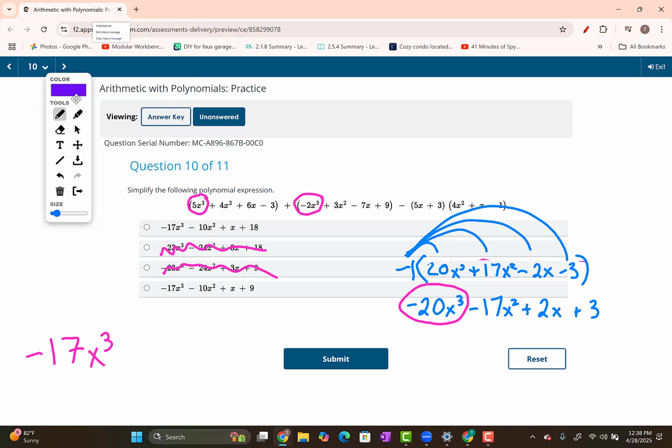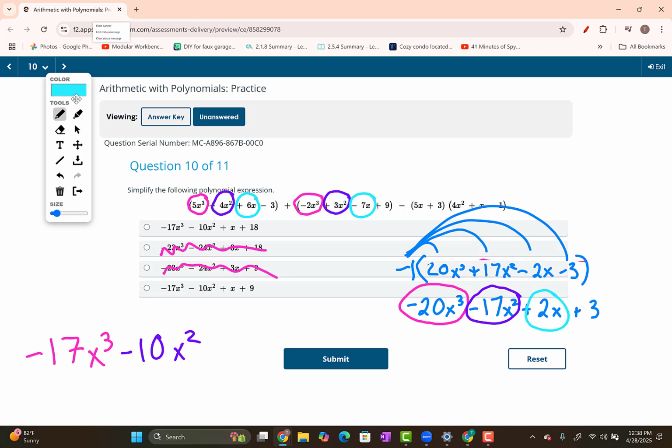Next, let's combine the 4x squared with the 3x squared and the negative 17x squared. So that's 7 minus 17, so that gives us negative 10x squared. Then 6x minus 7x plus 2x.